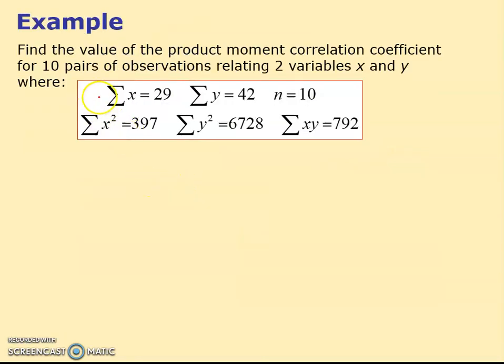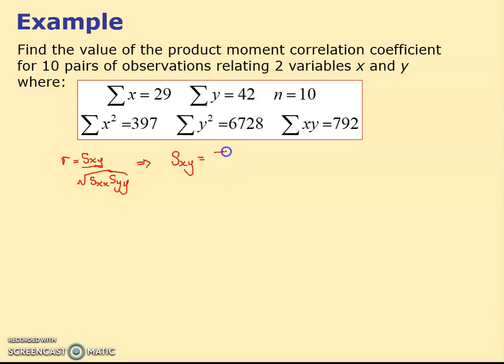So in this question, as I said, they've told us loads of summary statistics. Now, to find R, remember the formula is SXY over the square root of SXX times SYY. So my first job, therefore, is to find SXY.